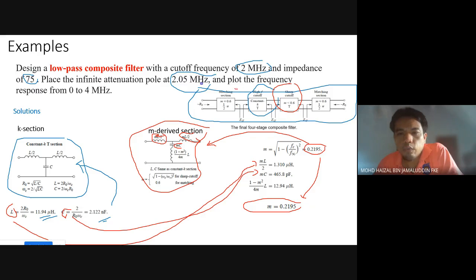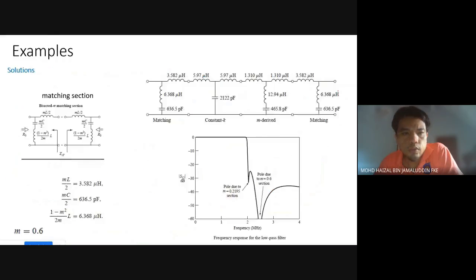Now we want to solve for the matching section for the input and output. So we go to the next page. This is the form for the matching section. Only now the value of m chosen for the matching is m equivalent to 0.6. You know the value of L already, and C you also know.